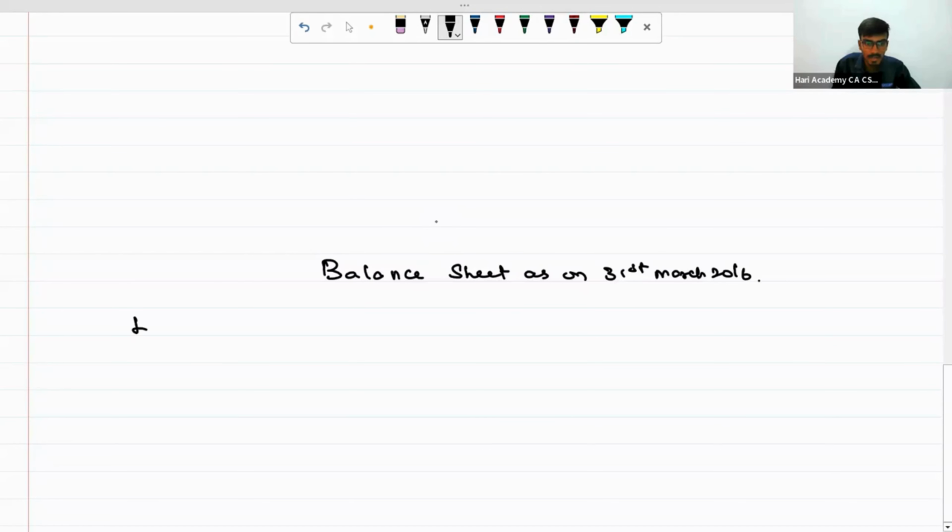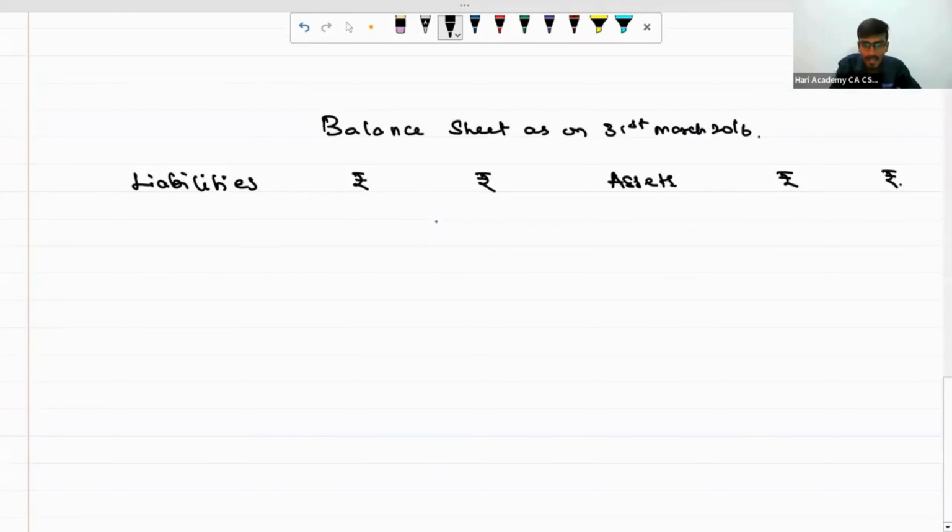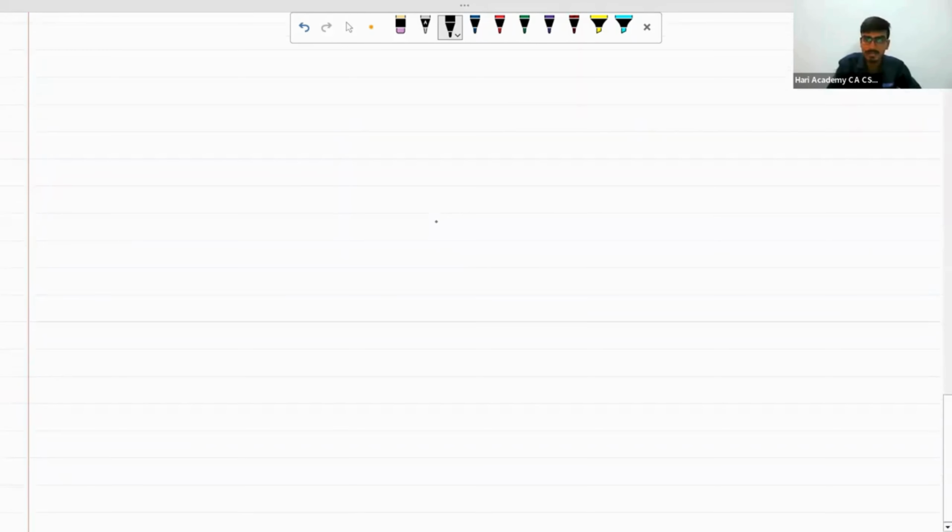Don't put debit, credit and all. I always open two columns, an inner column and an outer column. Immediately after that, leave 10 to 15 lines. And then start with your working notes.